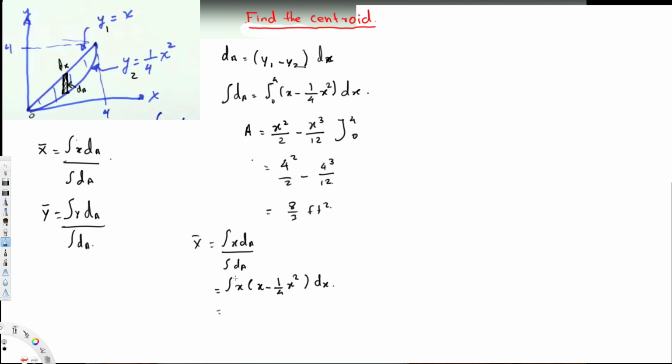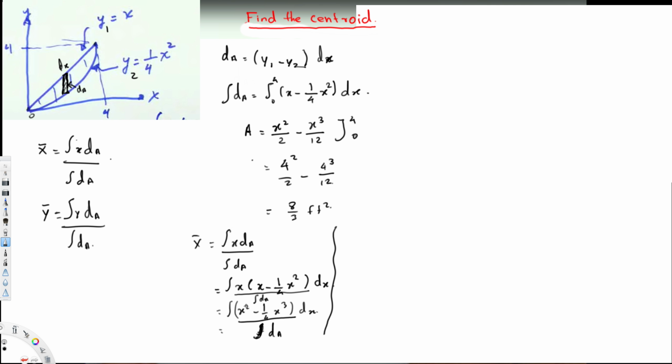If you multiply this, it becomes x square minus 1 over 4 x cube dx. We shouldn't forget the integral of dA in the bottom.